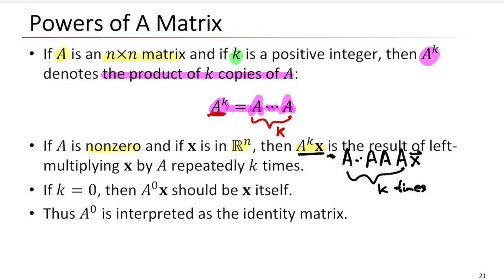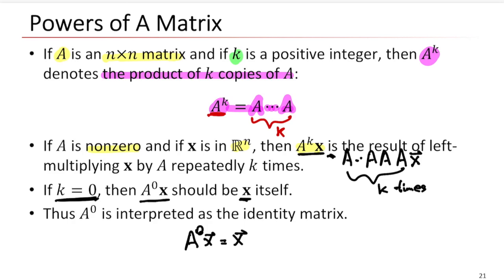So in this case, A^k x, or the powers of a matrix. What about k equals 0? In this case, A^0 times x, we define A^0 times x as x itself.